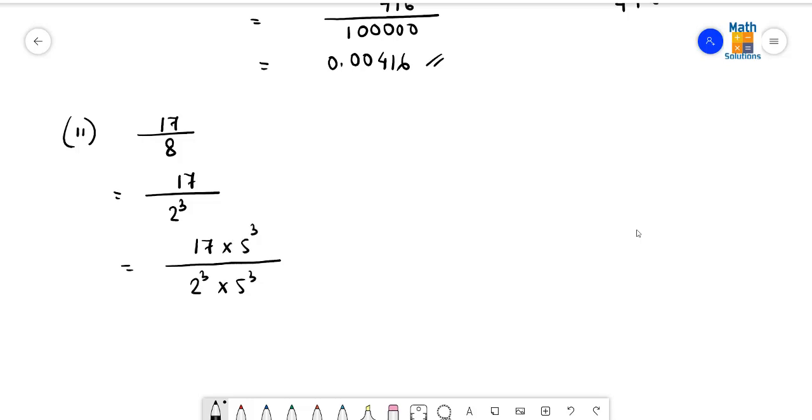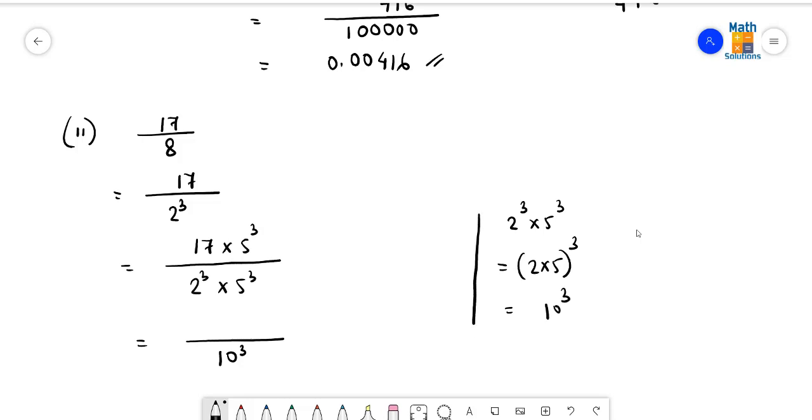Then only it is possible for us to get the result 10 cube in the denominator, because 2 cube into 5 cube can further be written as 2 into 5 taking their power common. So it will be 10 cube. Therefore in the numerator part, we can get 17 into 125.